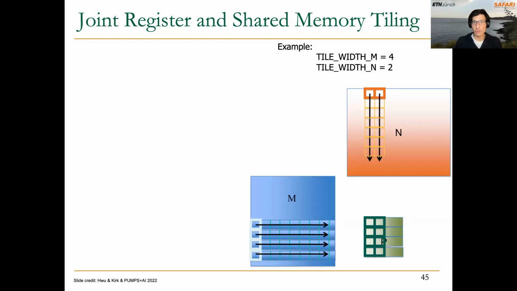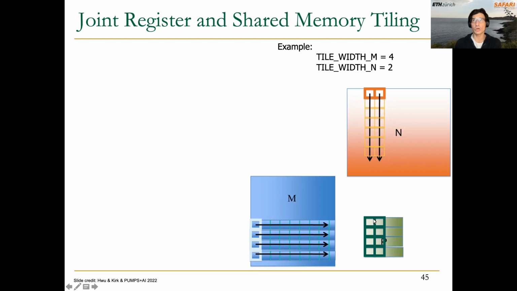In the example that we are going to cover, tile width M and tile width N are going to be different. The size of the tiles, the dimensions of the tiles. So basically the tile is not a square. In this particular example, tile width M is equal to 4 and tile width N is equal to 2.